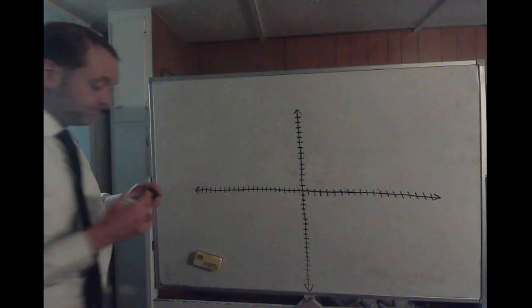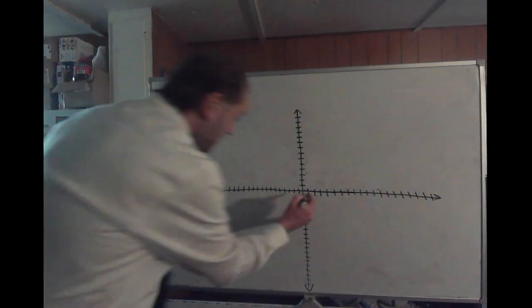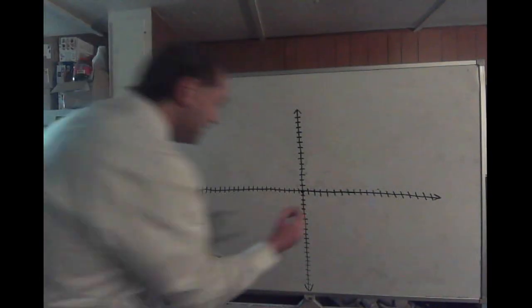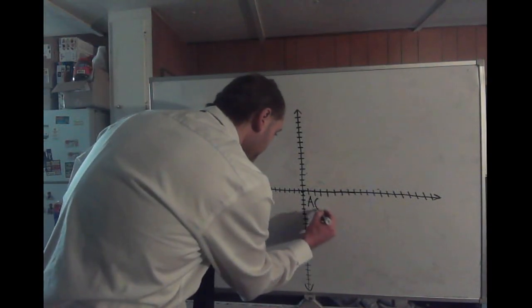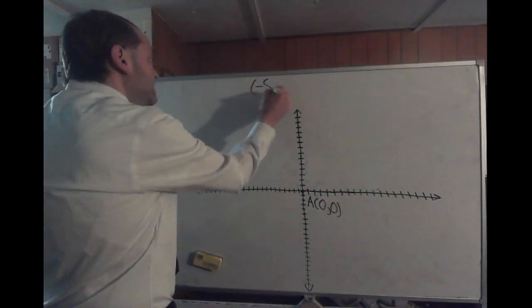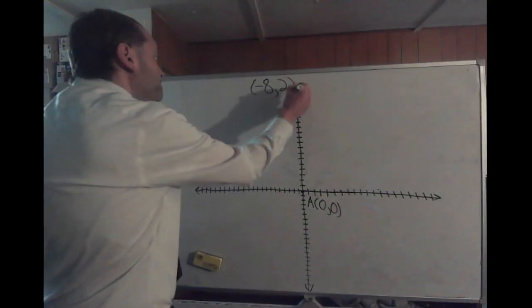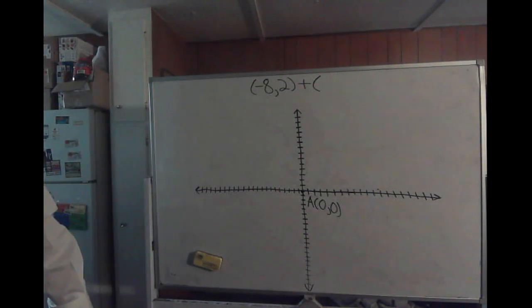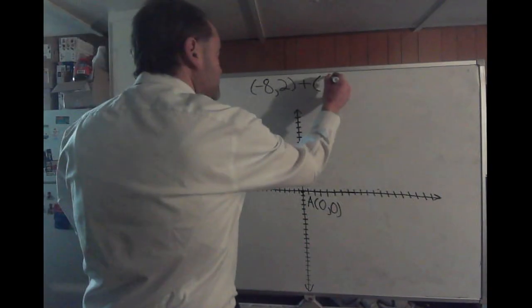All right. So point A will always be at 0, 0. Let's see which way this one's going. So point A is at 0, 0 here. Now we're going to add the vectors negative 8, 2 plus 4, 6.